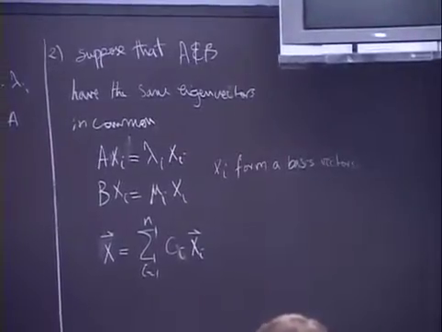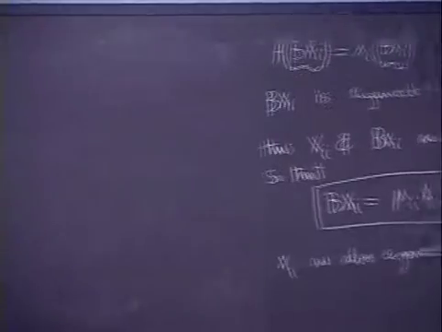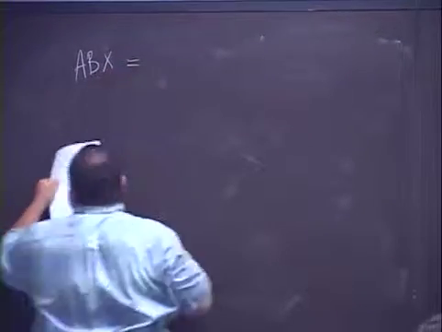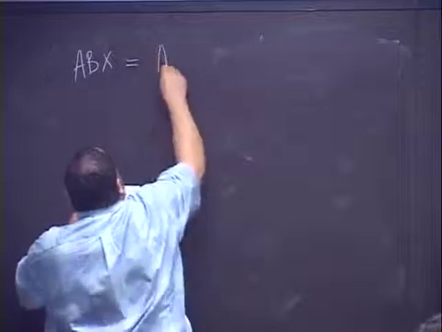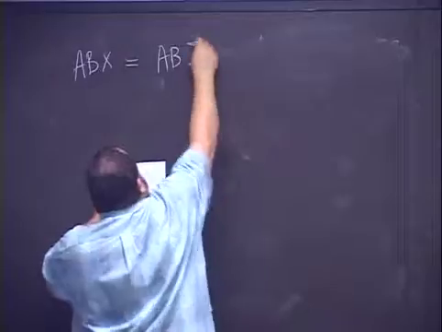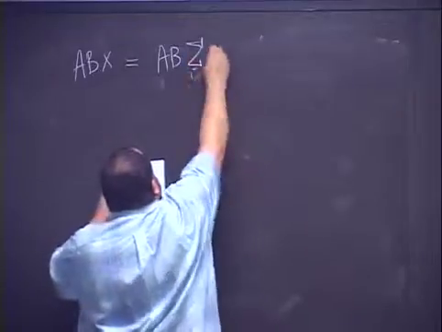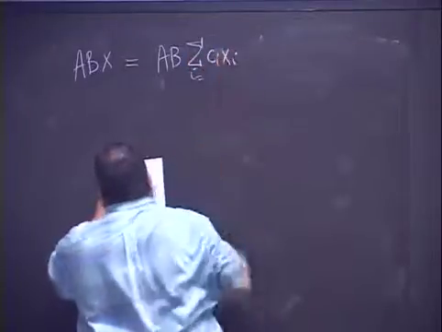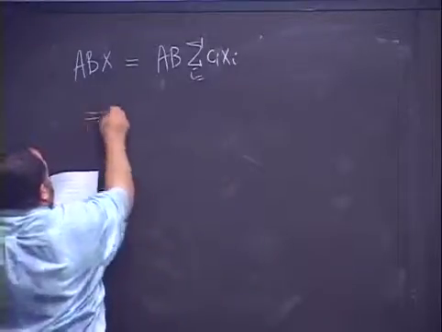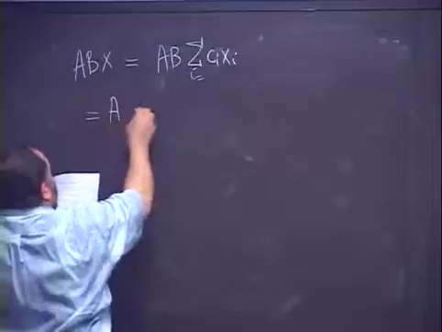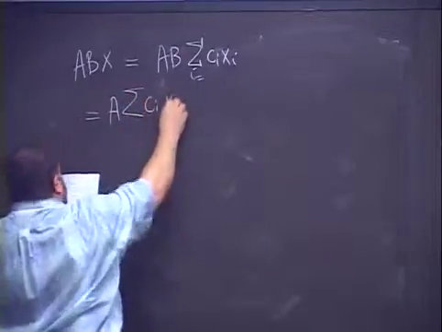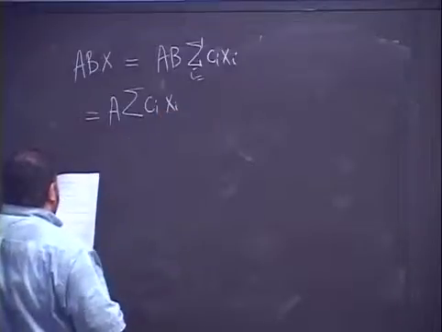We can do A, B applied on X will be just A, B, and X. The new vector X is just the sum of Ci Xi. So in principle, I can say that this is A, and then this is Ci Xi. But what's B?